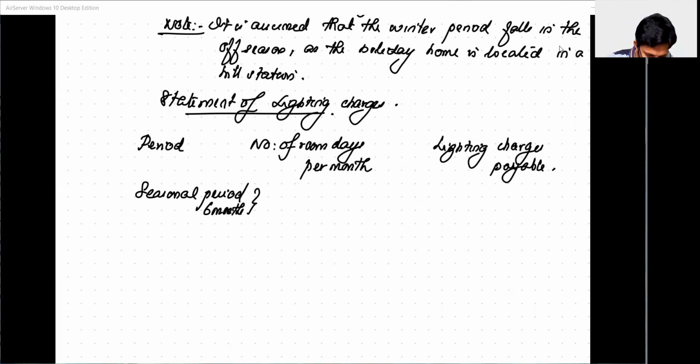During the season period, you will have 100 rooms occupied at 80%. And you are having how many months here? 6 months. And what is the rate that is payable? It is rupees 120 per month for each room.